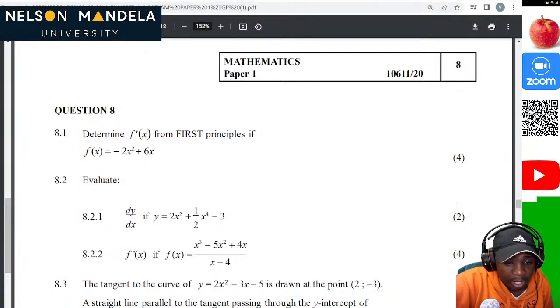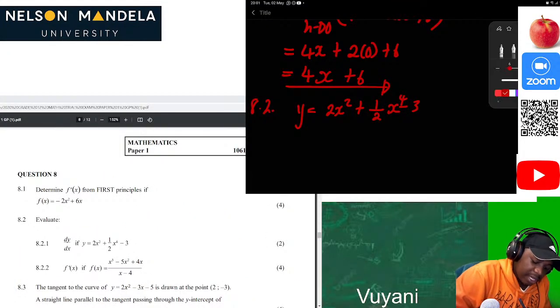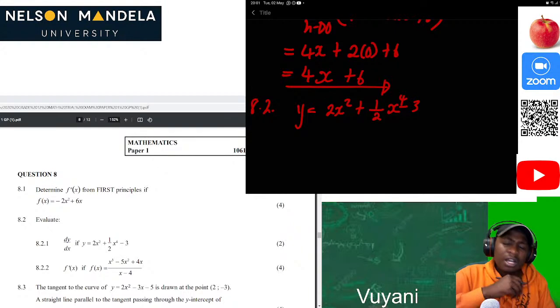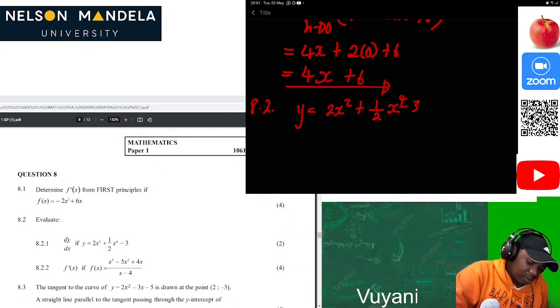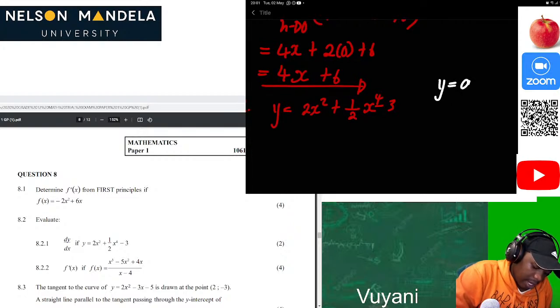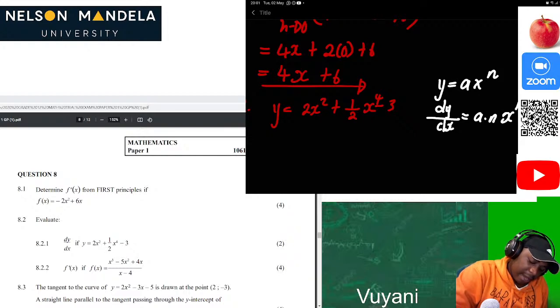So now we can actually see that we no longer have to work hard to get the correct answer. That's when we can apply what we call the power rule. Someone will be asking, what does the power rule say here? The power rule says that if we are given y equal to a x to the n, then dy over dx will be equal to a times n x to the n minus 1.